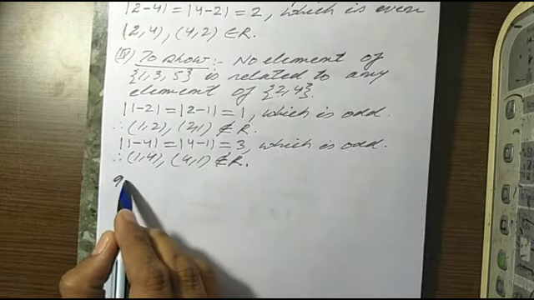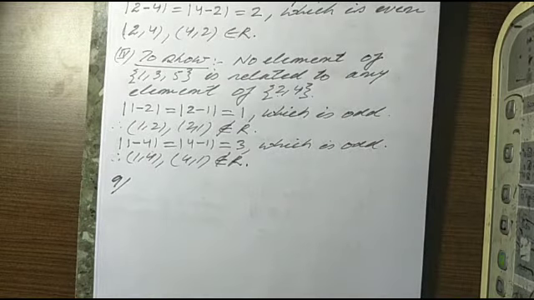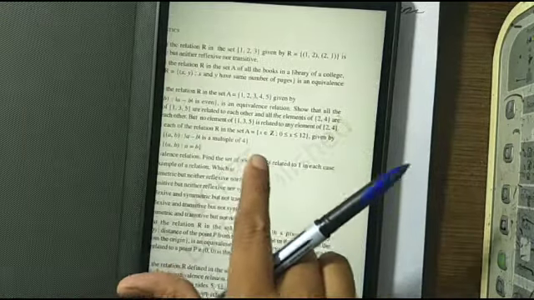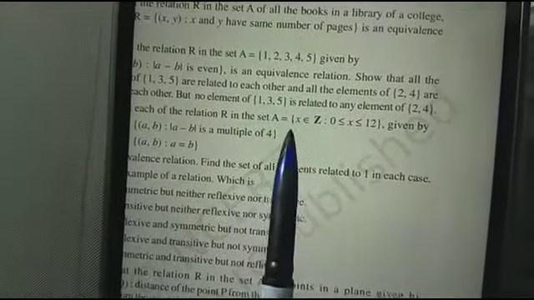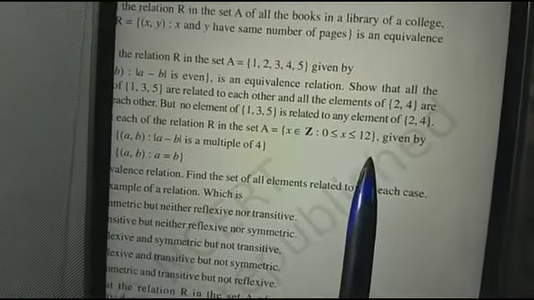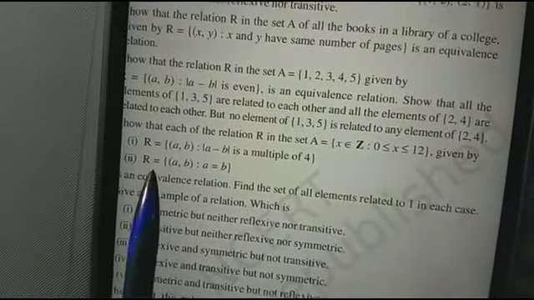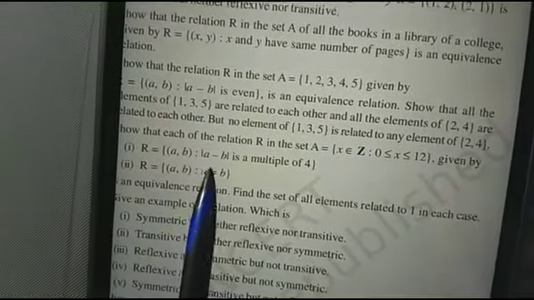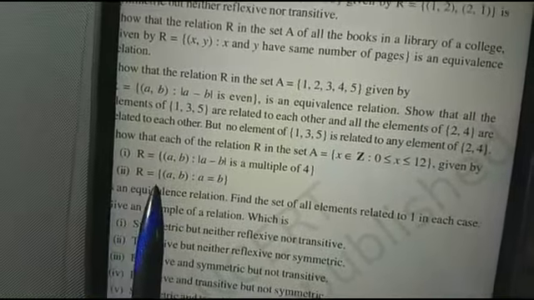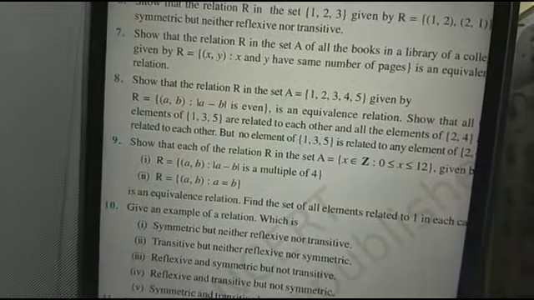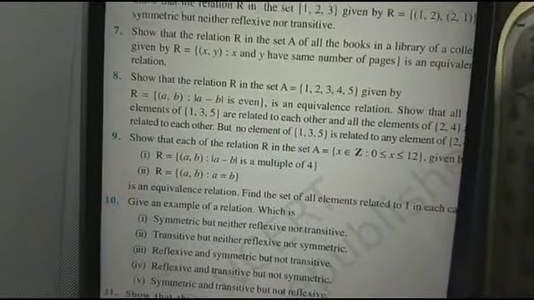So here if we come to 9th sum of exercise 1.1 of NCERT, it is given, show that each of the relation R in the set A, where set A is defined as a set of x belongs to Z and x is greater than or equal to 0 but less than 12, given by the relations are given as, first part, R is a set of ordered pair A comma B where modulus A minus B is a multiple of 4, and second part is R is equal to the set of ordered pair A comma B where A is equal to B. So I think this sum is very similar to 8th one, which I have explained already. So I am leaving 9th one.